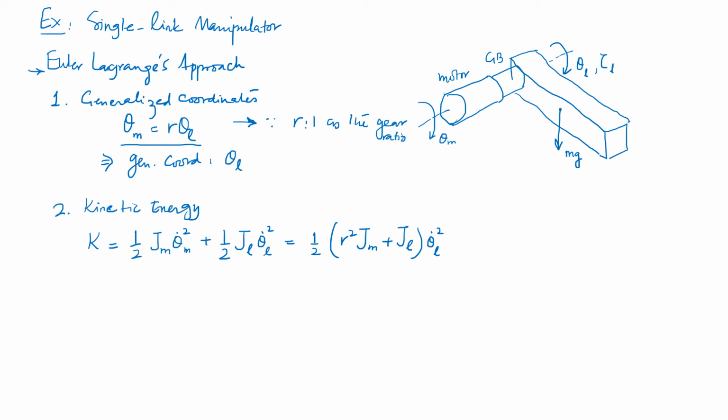This is how we have manipulated, because the selected generalized coordinate is theta L. So the velocity corresponding to that is what would be more important for us. In this particular case, you can say that this expression over here can be labeled as the overall moment of inertia. Let it be like J.